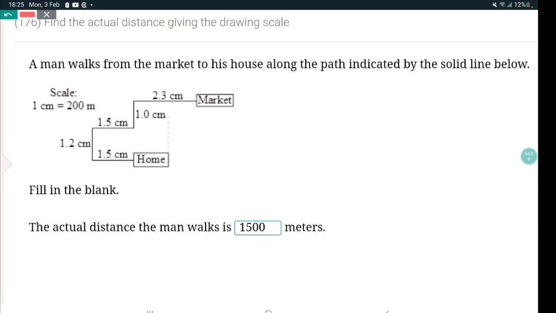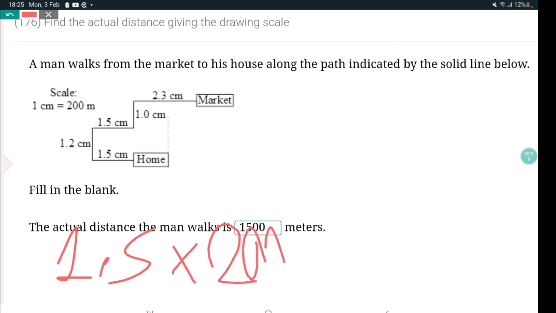Now the next one is simple. They gave us 1.5, same exact thing. For 1.5, we use the rule that we found, times 200, equals 300 meters.